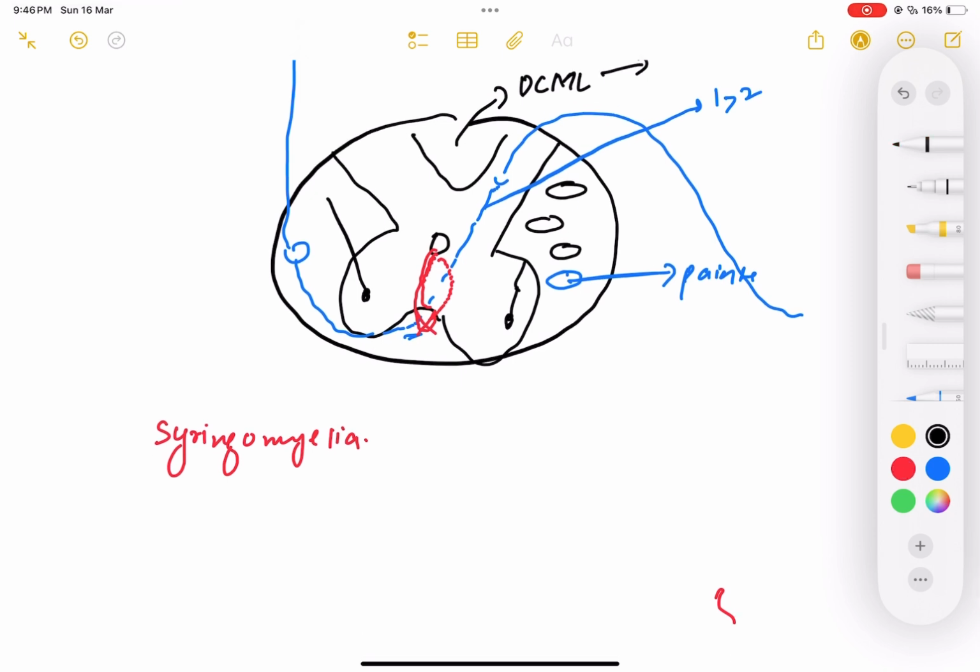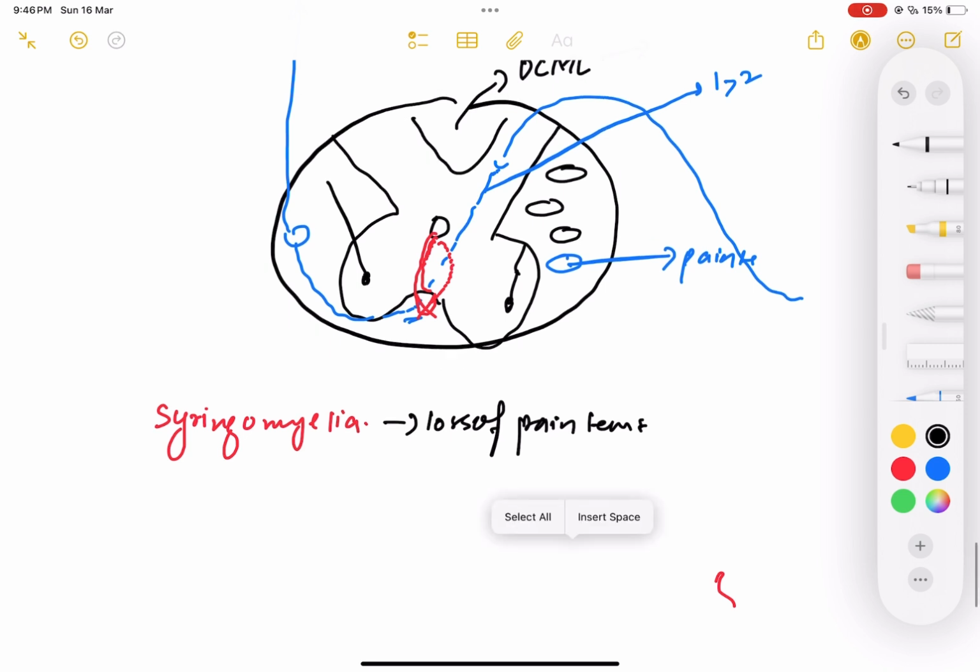If this syrinx is compromising your anterior commissure, the idea is very simple. We are going to have loss of pain and temperature 1 or 2 segments below the lesion, if you know, right? Because all of these pain and temperature fibers are going to move 1 or 2 segments above in your anterior commissure, right? So this was all about syringomyelia.